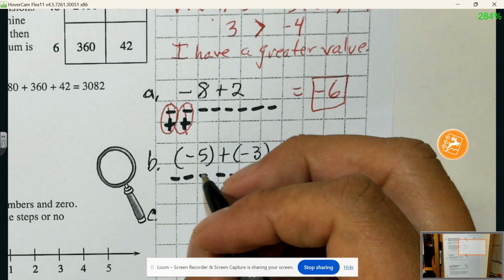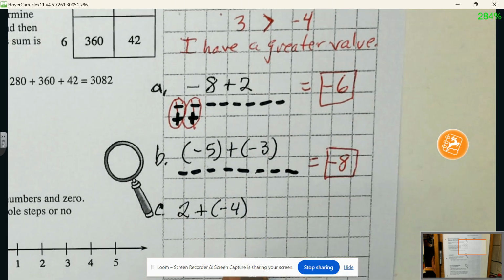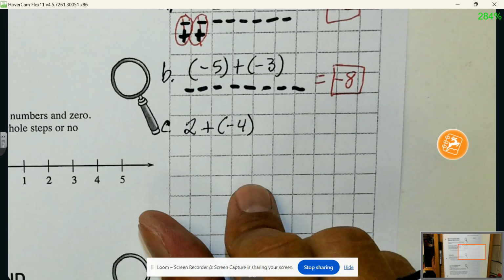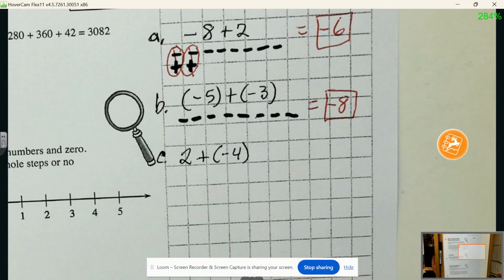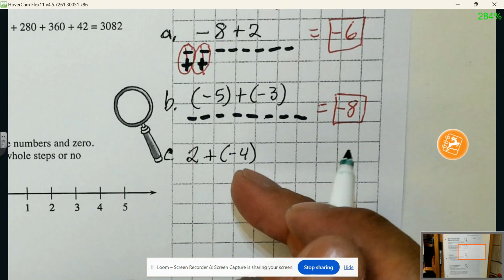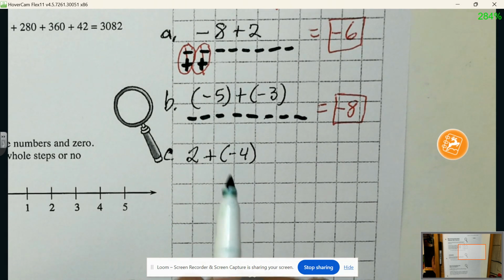So now we have 2 plus negative 4. At this point, you might already think, okay, I can do this in my head, I know 2 plus negative 4. But we're getting the diagramming down, and let's make sure that we're doing it, because when problems do get difficult, we'll at least have the procedure that will help us out.